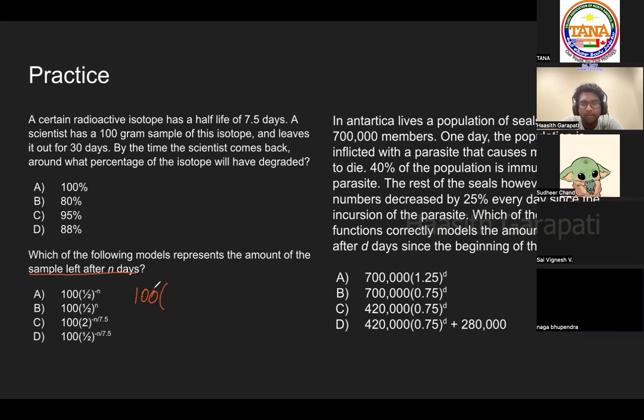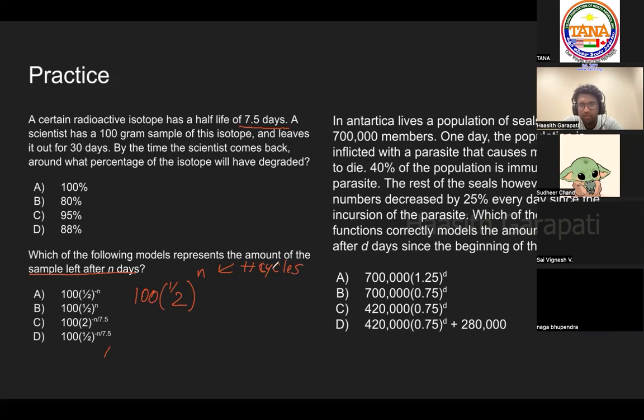All right, what's the correct growth factor? Well, it's got to be 1/2, right? Because it's decreasing by 50%, or decreasing by half. And then we have the days, but hold your horses. Remember how I said that half-life is 7.5 days? So if you think about it, this represents the number of cycles.